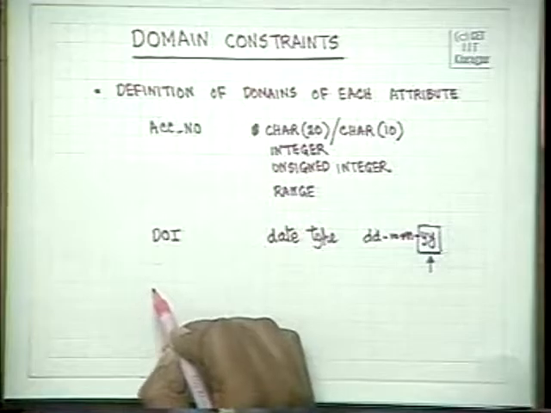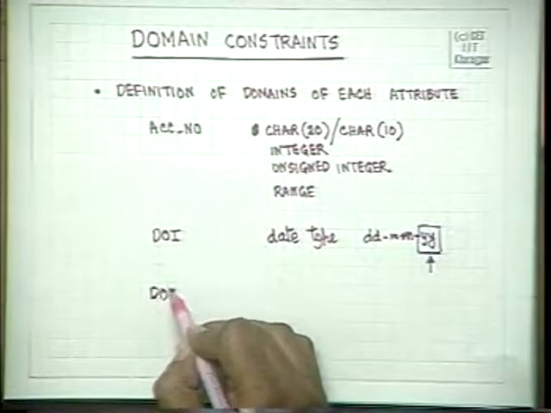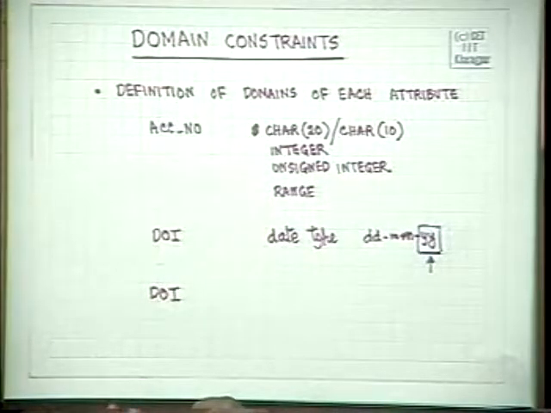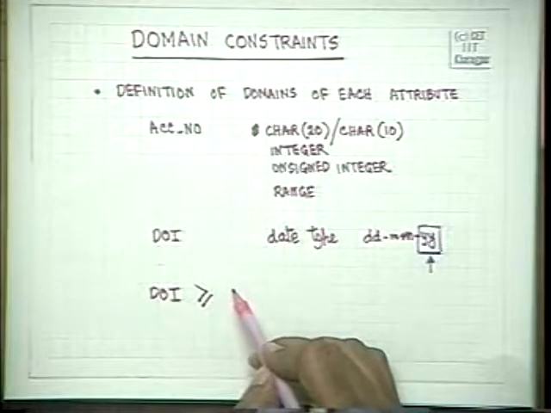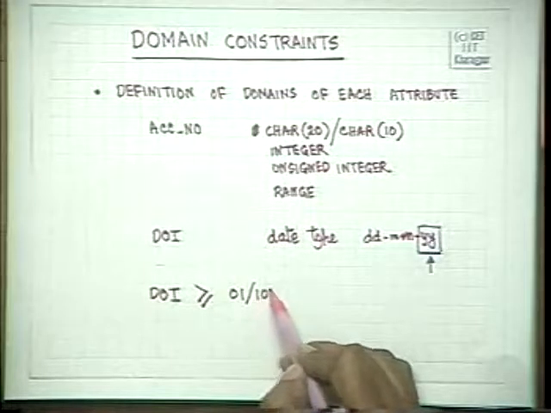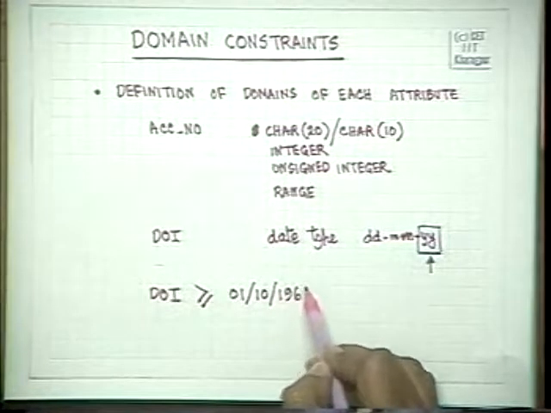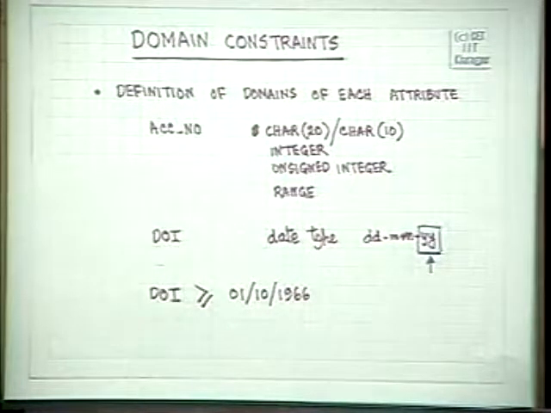For example, if the library was started from a particular date, then date of issue at every moment must be greater than or equal to some particular date. So, this check must be there.